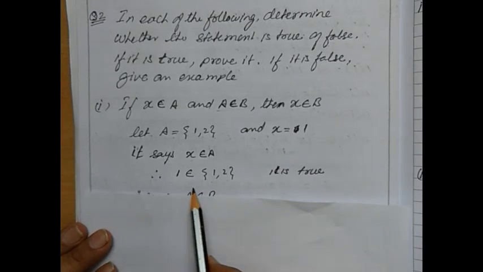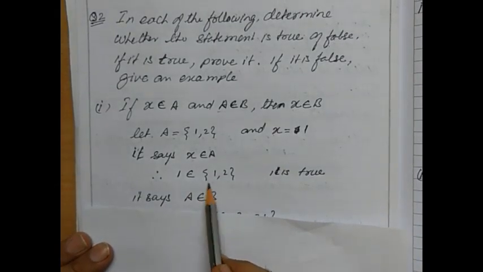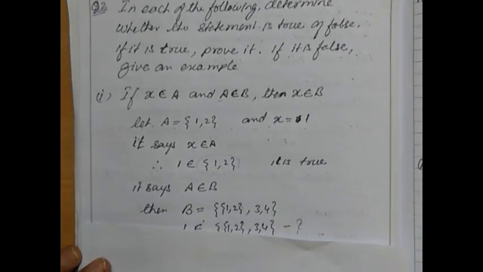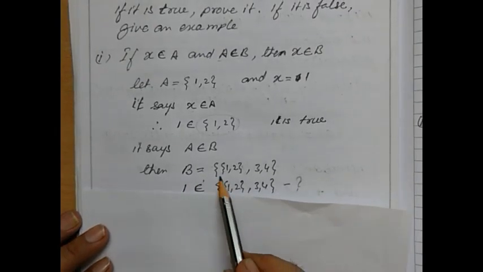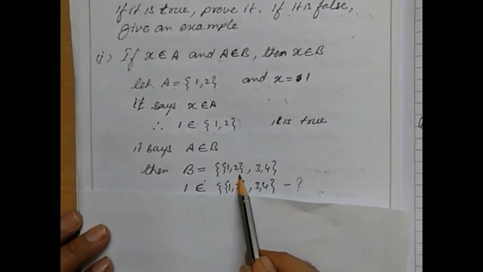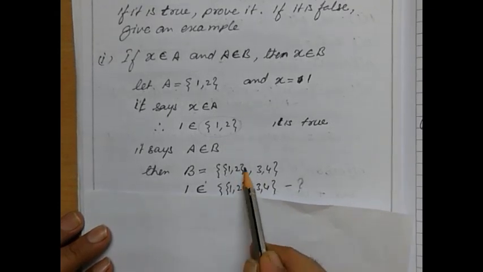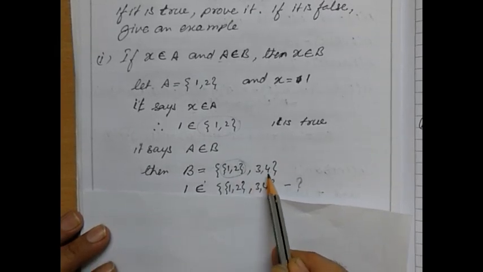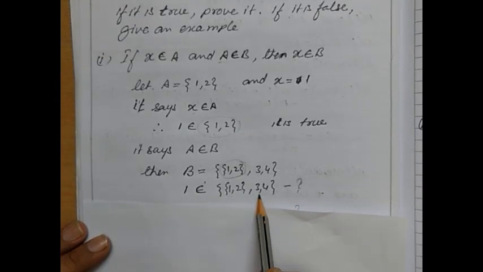Here if I say that A belongs to B, this means that this complete set belongs to B as an element. So here we can write B is equal to {{1, 2}, 3, 4}, where {1, 2} is a set and the whole of it is acting as an element, as well as 3 and 4. Now can we say 1 belongs to this set?